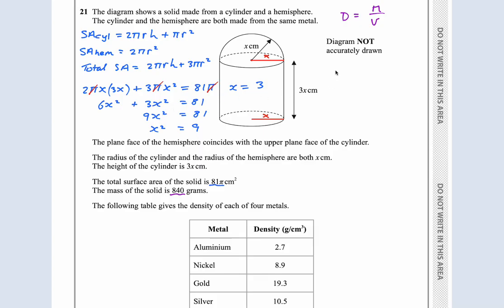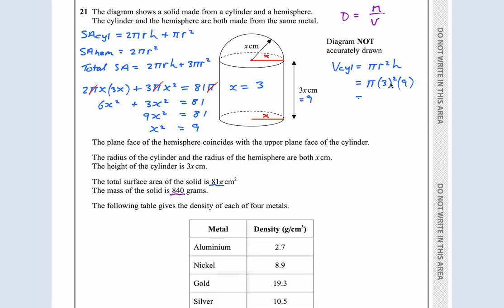So the volume, and again I'm going to break it up into cylinder and hemisphere. The volume of the cylinder is equal to pi r squared h, which is pi times the radius is now 3, and the height is 3 times 3, which is 9, because this equals 9.